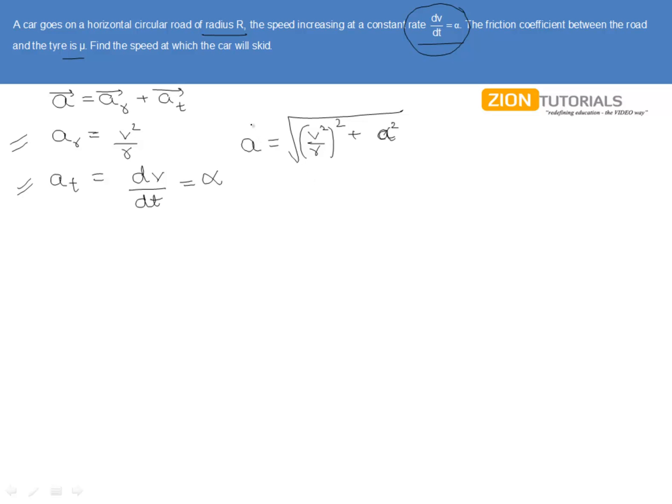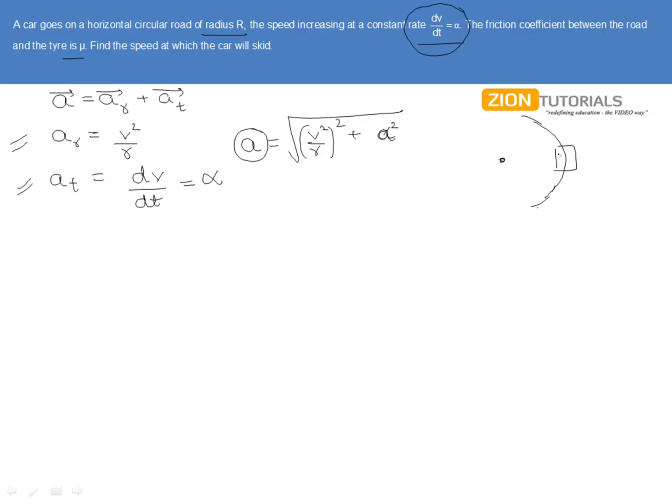Proceeding ahead, how is this acceleration actually caused? If we take this as being the car which is moving on a circular road here, it is going to move like this. There is obviously no string that is bounding this car to the center of this turn.